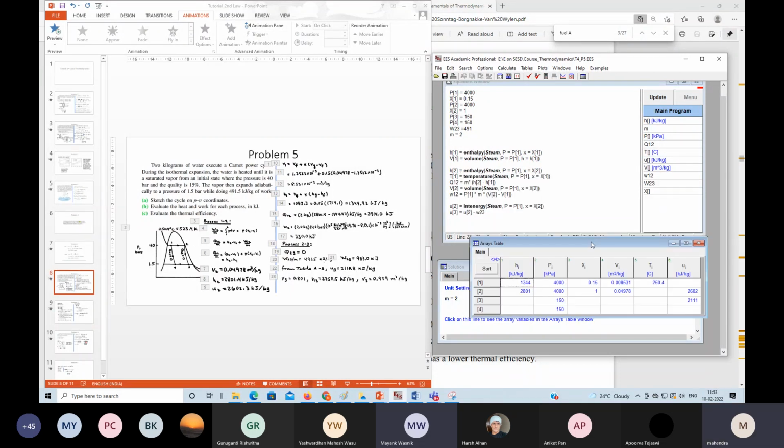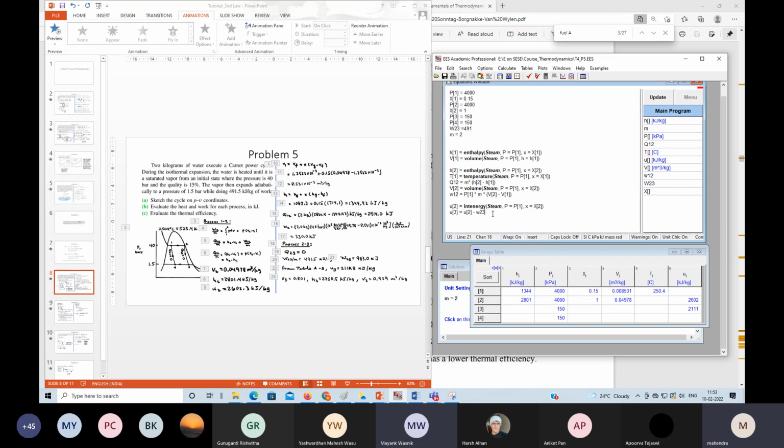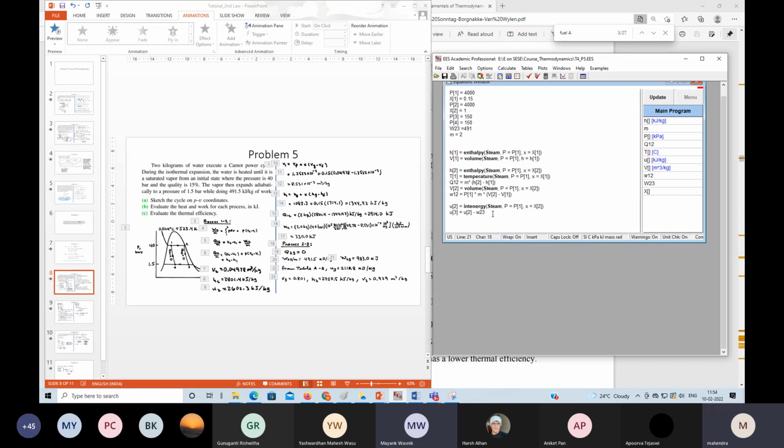Fine. Now what we need to calculate more? Then obviously this has certain dryness, right? Dryness fraction. This also has certain dryness fraction. Let's calculate X3. How would you calculate X3? You need to give independent properties, right?